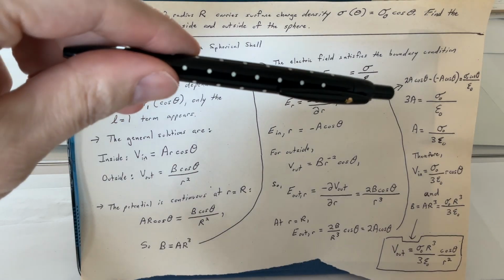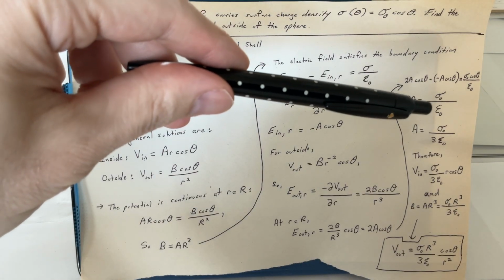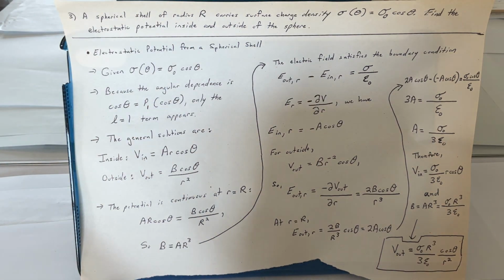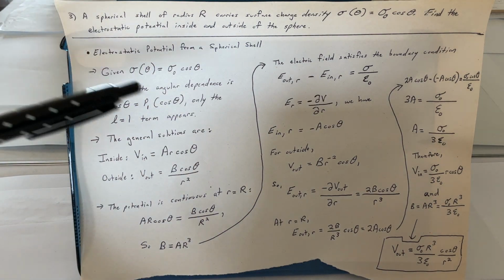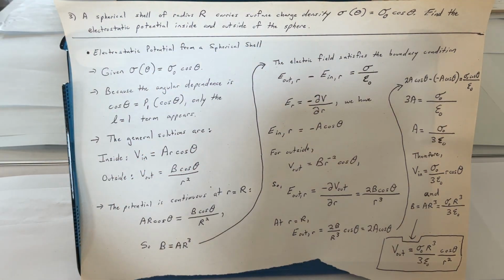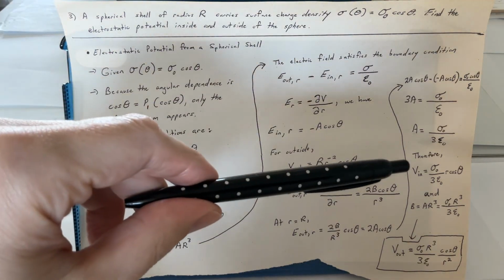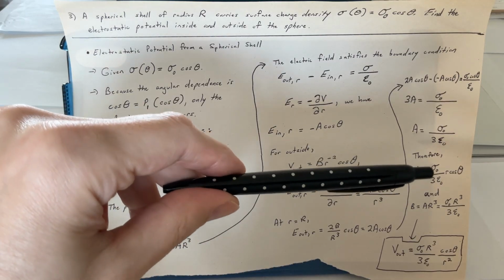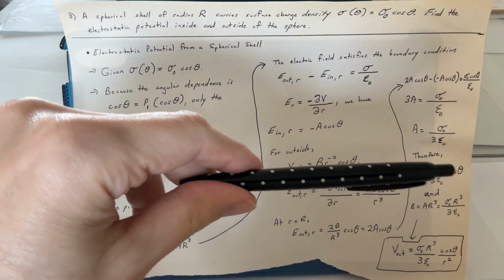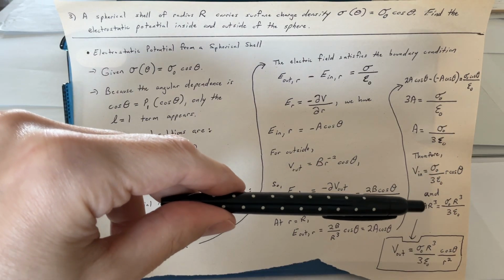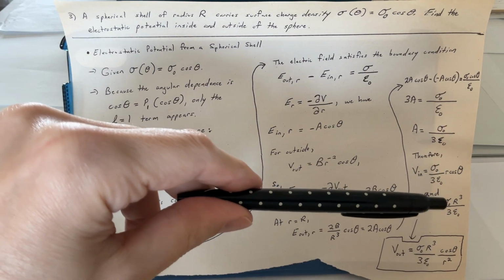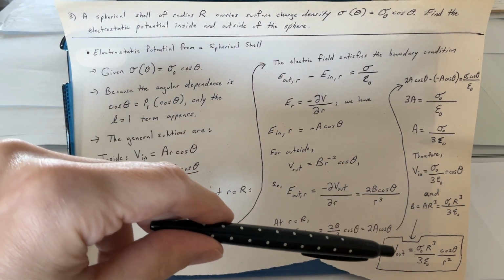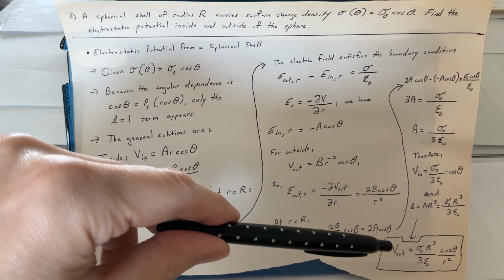So 3A equals that charge density over epsilon naught, and A equals the charge density over 3 epsilon naught, which is related to the charge density. Therefore V sub in equals the charge density over 3 epsilon naught times r cosine theta, and B is A R cubed, which equals that charge density R cubed over 3 epsilon naught, and here's what we get for our V sub out.